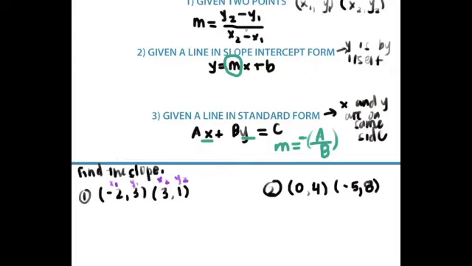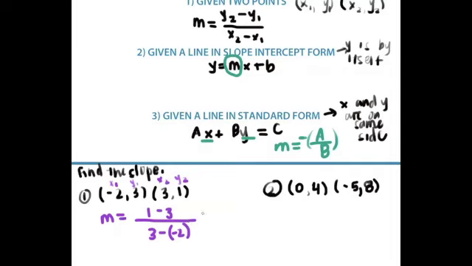So if we plug it into this equation, m equals, on the top of the fraction, remember we have y2 minus y1. y2 is 1, y1 is 3, and then on the bottom of the fraction we have x2 minus x1, so we have 3 minus, and then x1 is negative 2, that's why I put in a parenthesis.